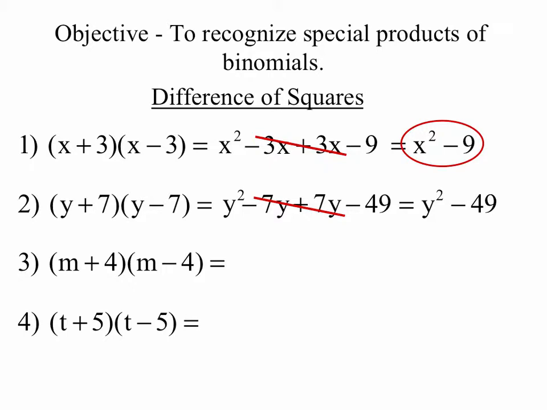Every time I do one of these, I can predict that when I have m plus 4 times the quantity of m minus 4, I'm going to end up with m squared minus 16, because I know those two middle products will be negated.